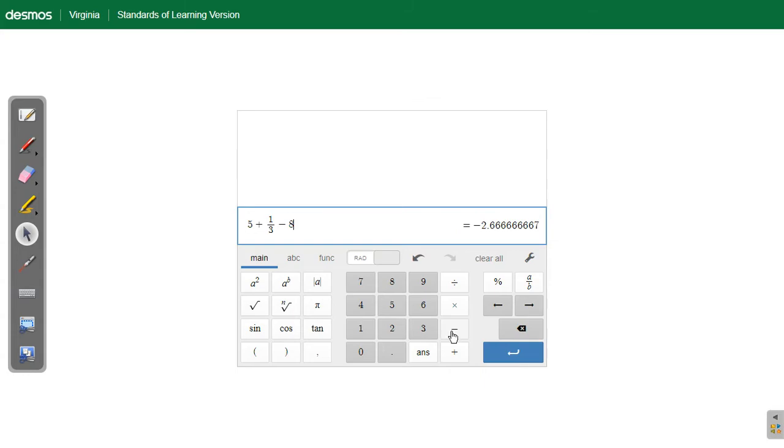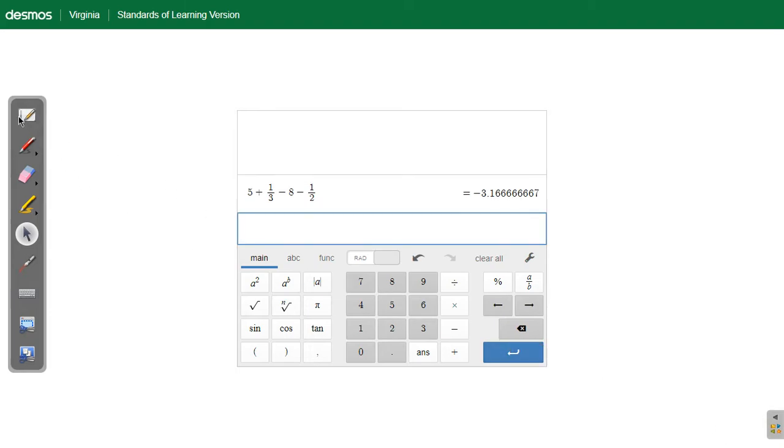But then, like I said, here's the tricky part: if we're minusing the 8, we also have to minus the 1/2, because the 1/2 is with the 8. So it's 8.5. So if we subtract the 8, we've got to subtract the 1/2. So our answer should be negative 3.166666666 on forever.